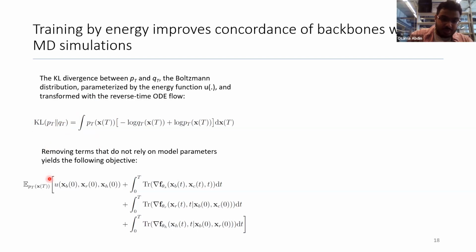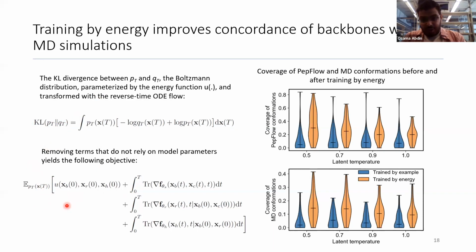You can reduce this loss function by removing terms that don't depend on the parameters, and we end up with the expectation over the energy of the generated conformations and the change in log density, which at high level can be thought of as enthalpy and entropy terms in trying to minimize the free energy of the system. We found that training by energy substantially improved the ability of PepFlow to generate conformations that match the MD.